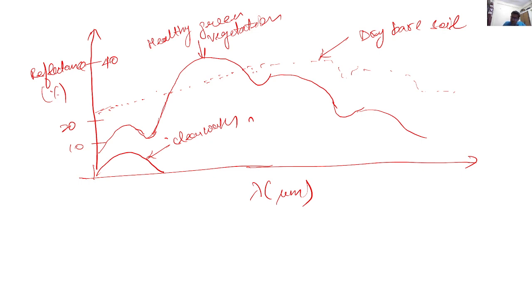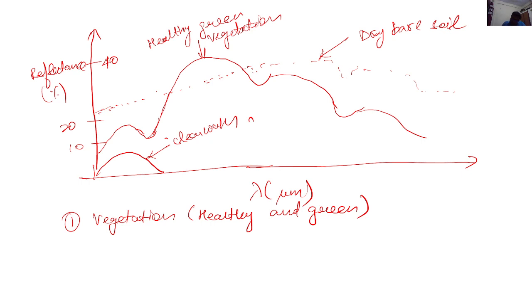The three common surface features which we mostly encounter as civil engineers are vegetation versus soil versus water. Let's see what the differences are in terms of spectral reflectance properties. The first one is vegetation, which in this case is healthy and green.